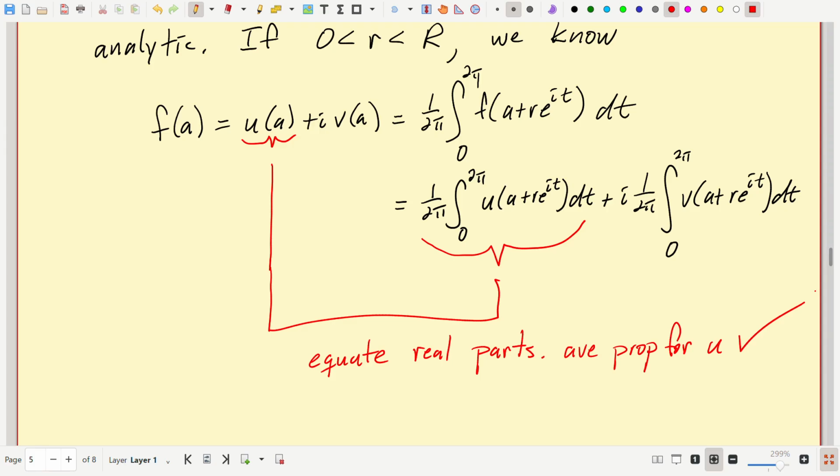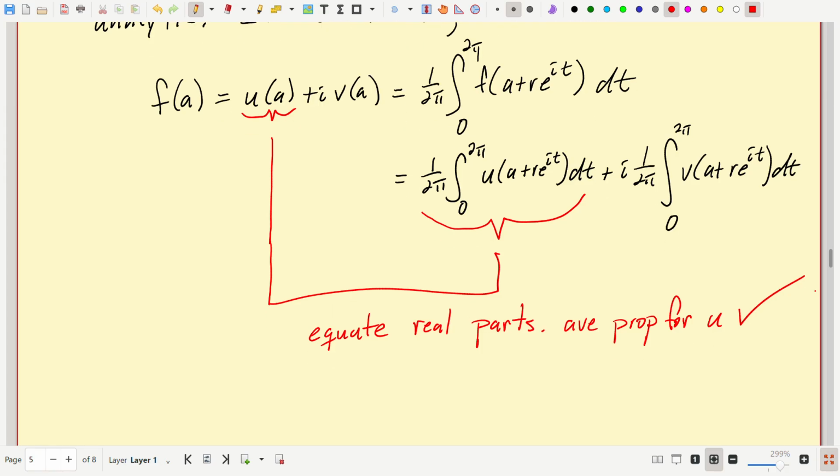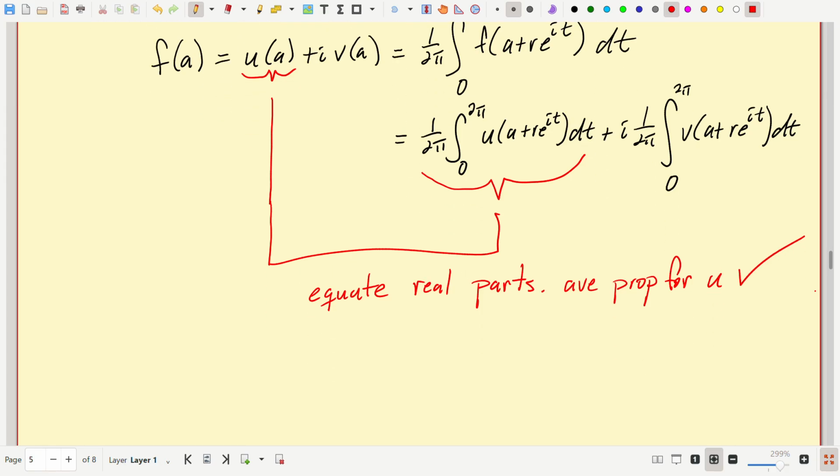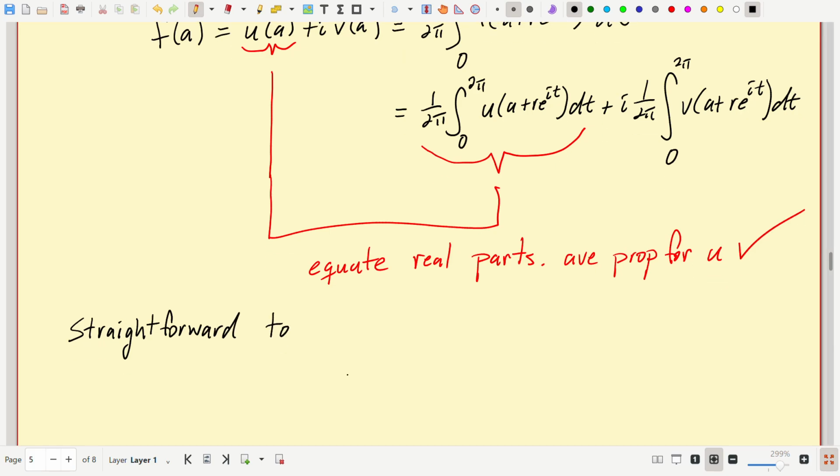And so I'm not going to repeat them, but I can do a straightforward repeat of the analytic stuff and get a maximum principle for harmonic functions. In fact, it's even easier because I don't have to deal with the modulus.